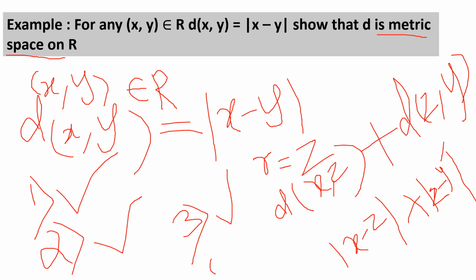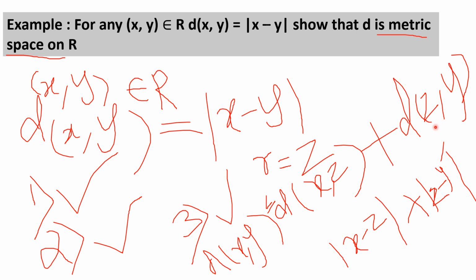Therefore d(x, y) is less than or equal to d(x, z) plus d(z, y).